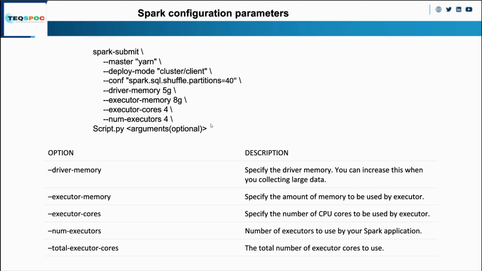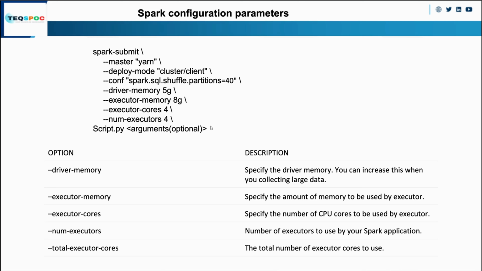As I have already mentioned, each and every CPU core will take up one task or one partition. So if I have, say, 1 gigabyte of data, and it is being chunked in a way that it creates, say, 80 partitions, then the first 16, 4 into 4, which are available, will take up 16 partitions or 16 tasks.